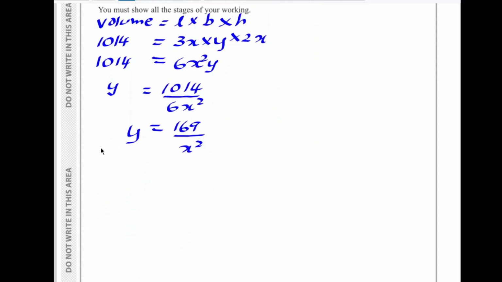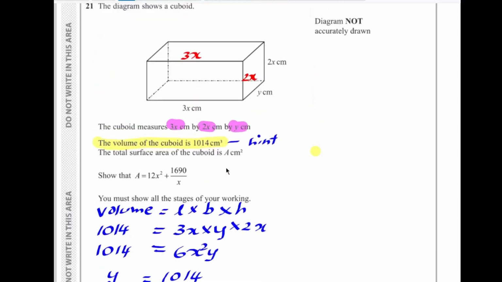So I'm writing here A equals 3x into y, 2 such surfaces, plus the next one. So we are done with these 2 surfaces, top and bottom.